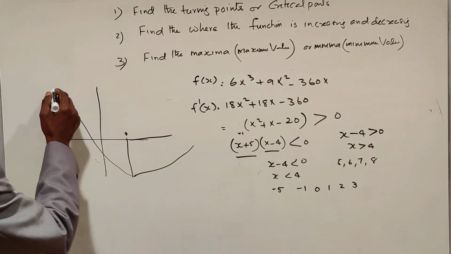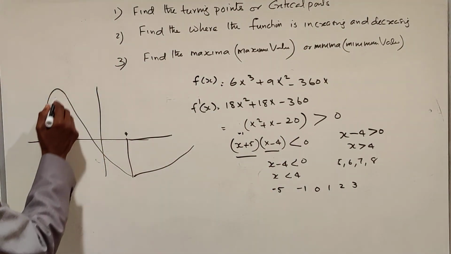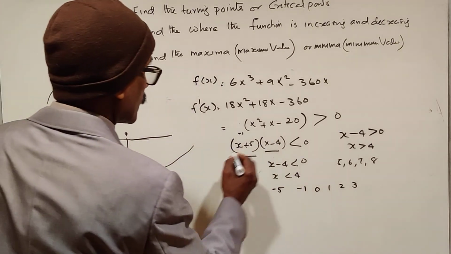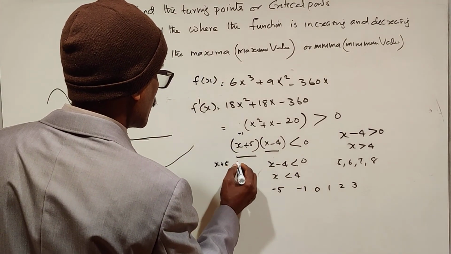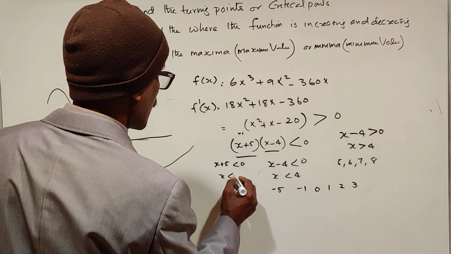So, if it is less than negative 5, say x plus 5 is less than 0, x is less than negative 5.